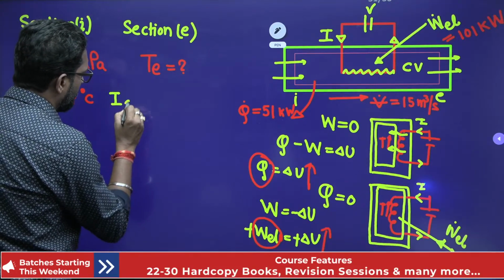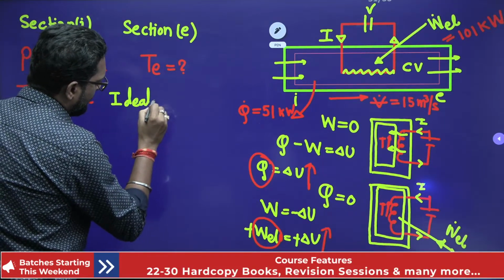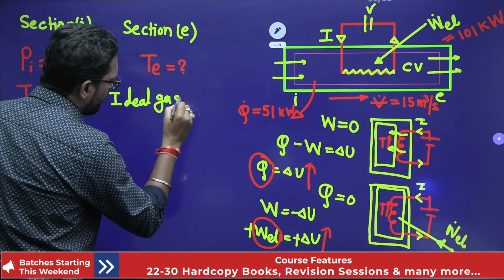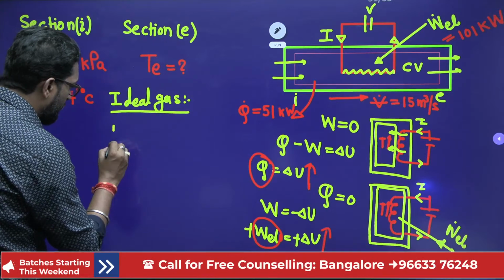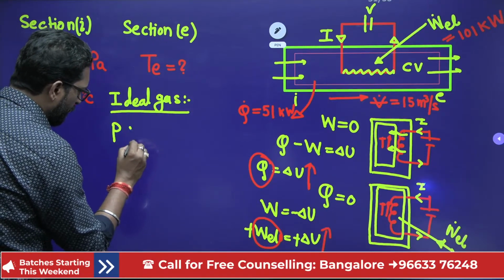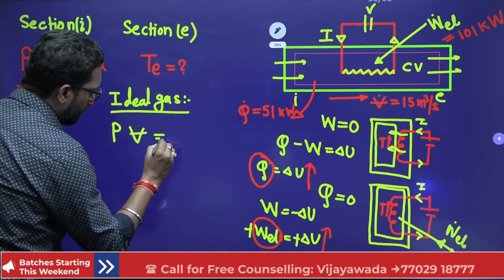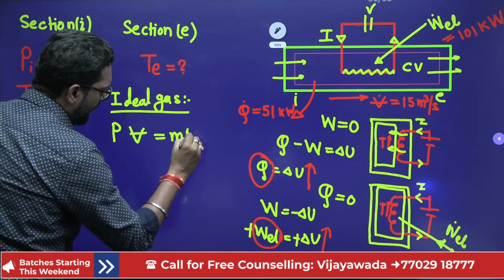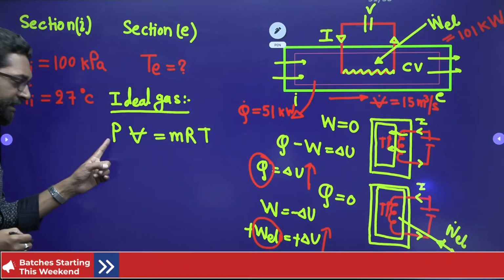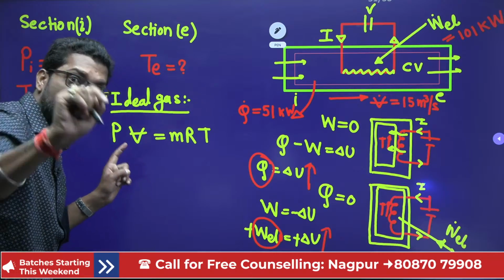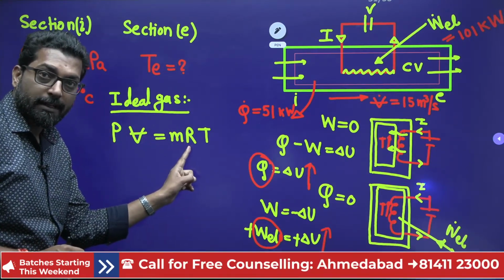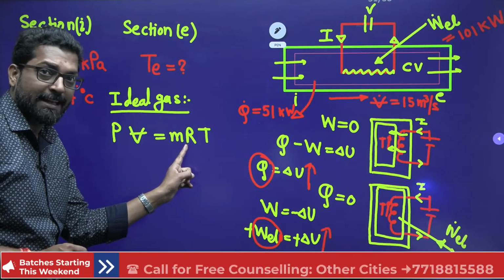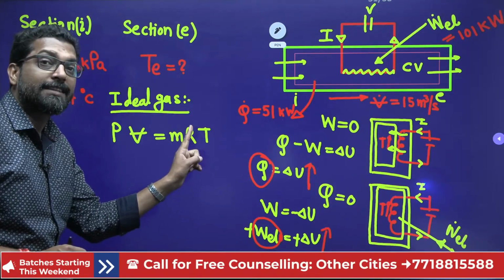What is the equation of state for the ideal gas? PV is equal to mRT. P is the absolute pressure, R is the characteristic gas constant, not the universal gas constant, and T is the temperature in Kelvin.